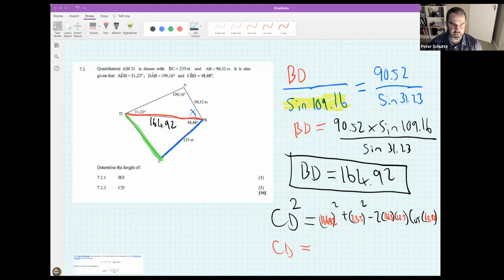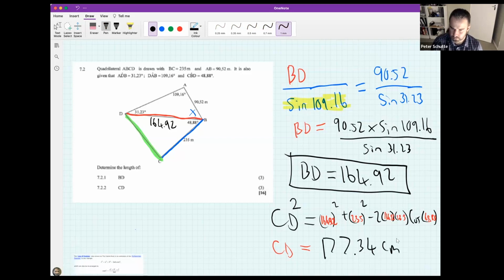That's not my final answer. I still have to go square root of the answer. And I should get 177.34. Oh, sorry, not centimeters, it's meters. So it would be meters.